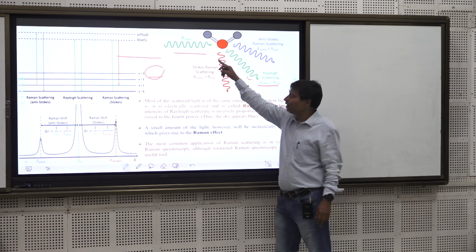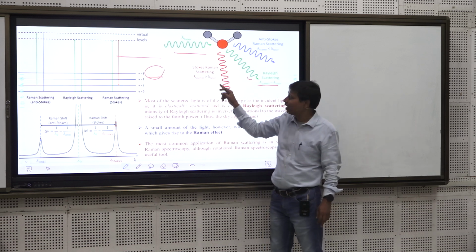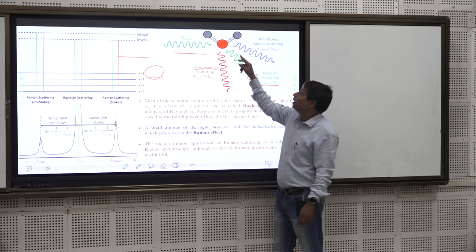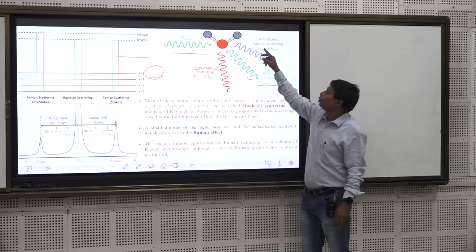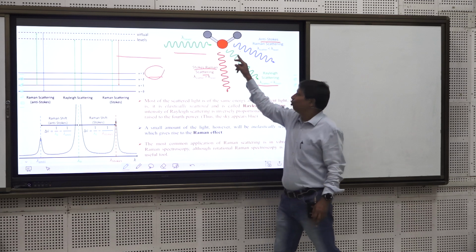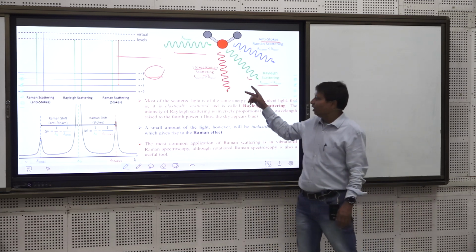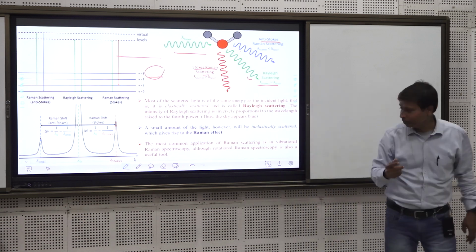If you have a loss of energy, green becomes a red one, a red frequency back. That is known as Stokes-Raman scattering. And you may have a gain in energy, so green becomes blue, and that is called anti-Stokes. If it gives you back the original frequency, then it is Rayleigh scattering. If there is a change in the energy, that becomes Raman scattering.